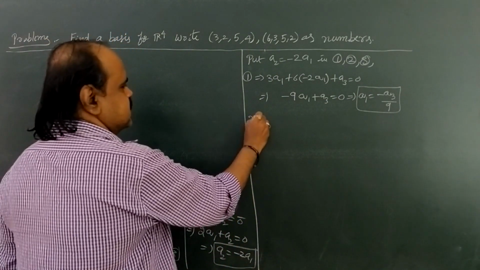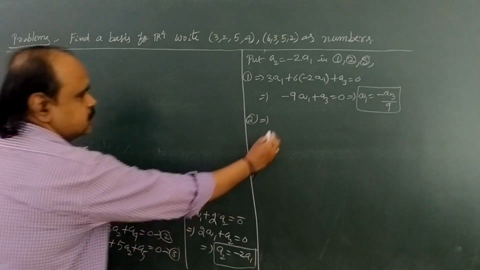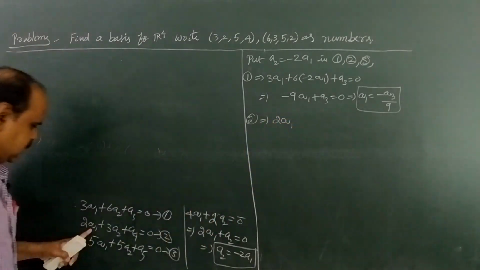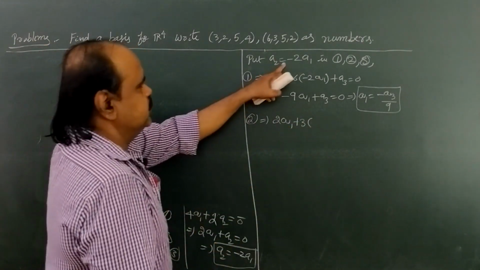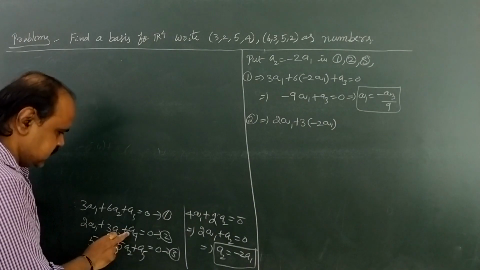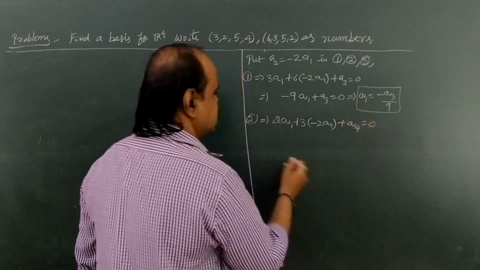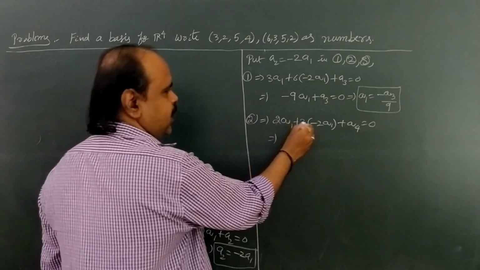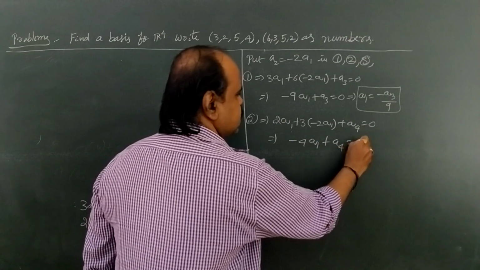Next, from the second equation we have 2a1 plus 3a2 plus a4 equal to 0, with again a2 equal to minus 2a1. That implies 2a1 minus 6a1, which is minus 4a1, plus a4 equal to 0.